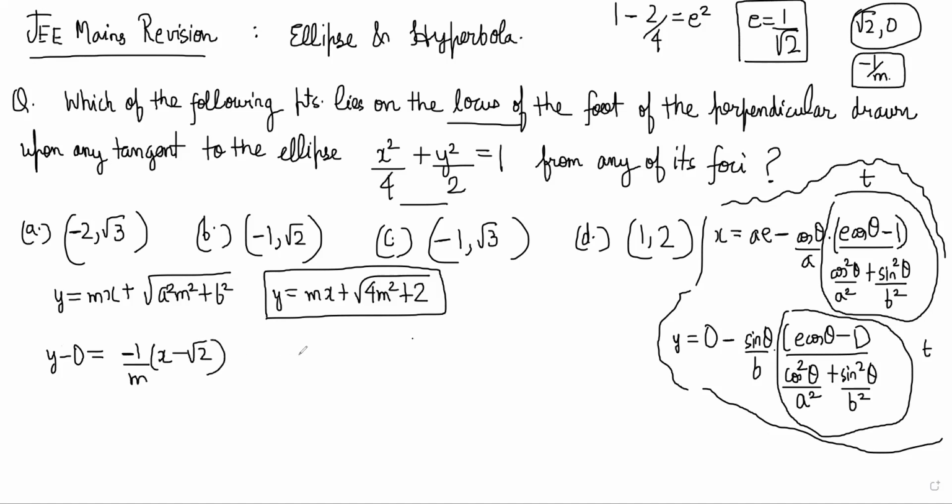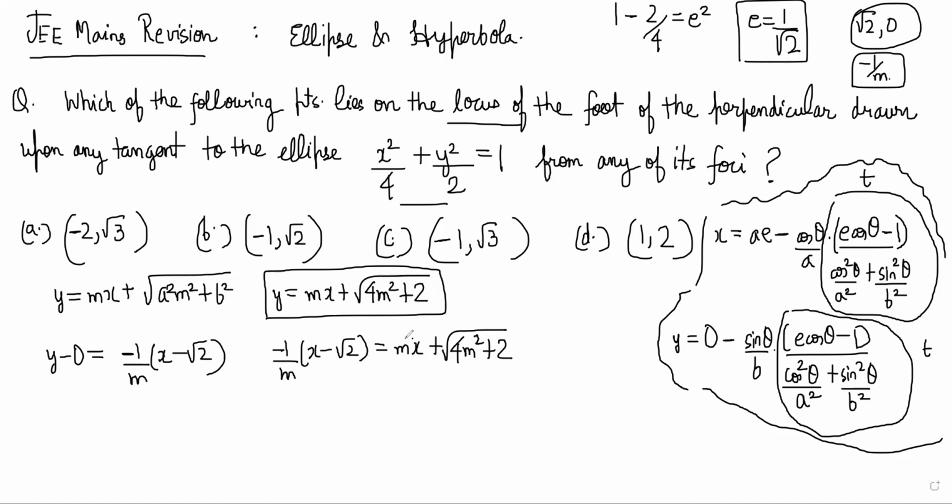So we are getting y is minus 1 by m times (x minus root 2), which is equal to mx plus root over 4m square plus 2.